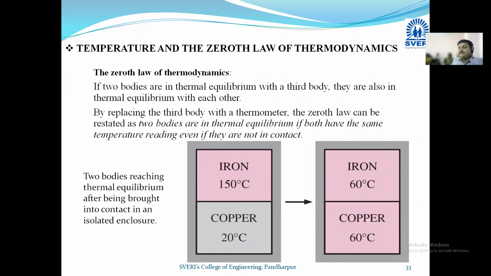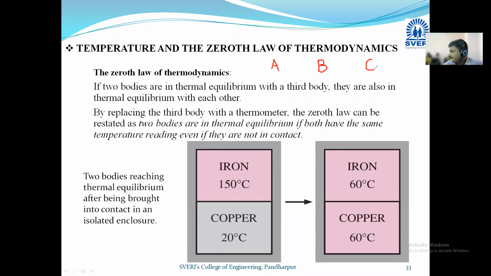If two bodies are in thermal equilibrium with a third body, then they are also in thermal equilibrium with each other. Means what? If there are 3 bodies, body A, body B, body C. Here there is body A, the first body, body B, the second body, body C, the third body.